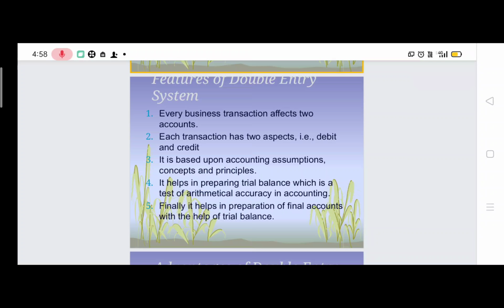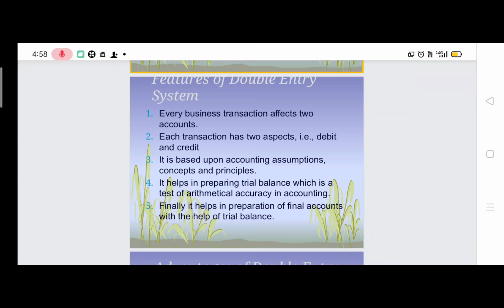Now with this double entry system, when we give debit and credit, we are able to prepare the trial balance. Now trial balance is a statement, dear students. What we do there is, all the debit balances we write in the debit column, and credit balances we write in the credit column, and we match both of them. We actually balance both of them.